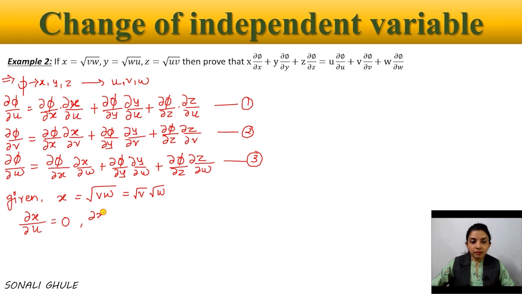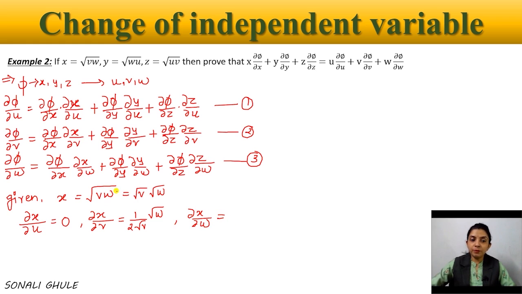Similarly, x with respect to v. That time w becomes constant, and the derivative of root v is 1 upon 2 root v, and root w is constant. Okay. Then the derivative of x with respect to w.